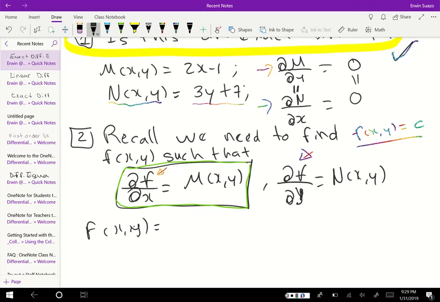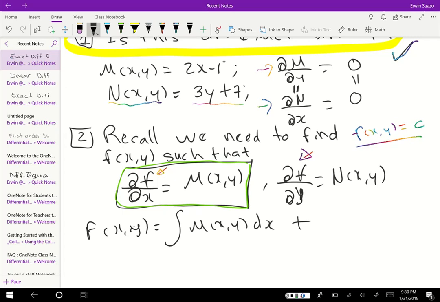Okay, so with that in mind, we just choose one of these two equations. So let's choose df/dx equals M, and in order to find f of xy, we just integrate with respect to x. We will obtain the integral of M of xy dx, and on the left will be f of xy, because the integral with respect to x of df/dx is f of xy, plus on this side a constant.